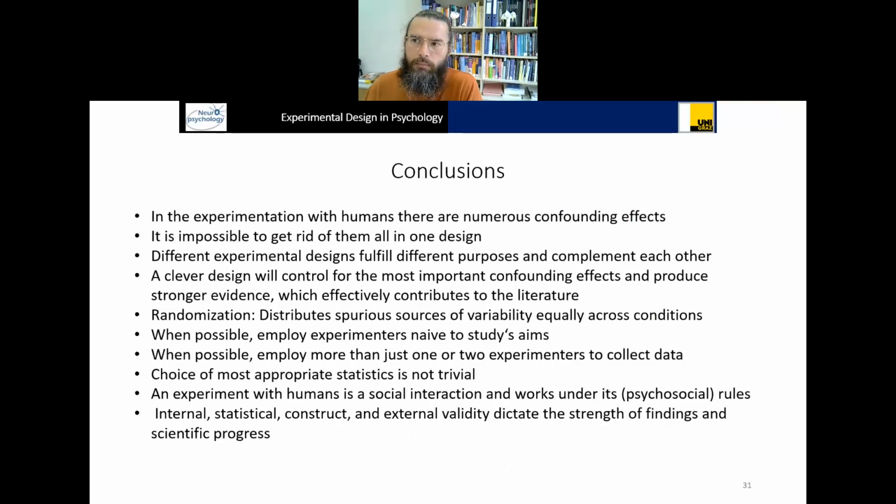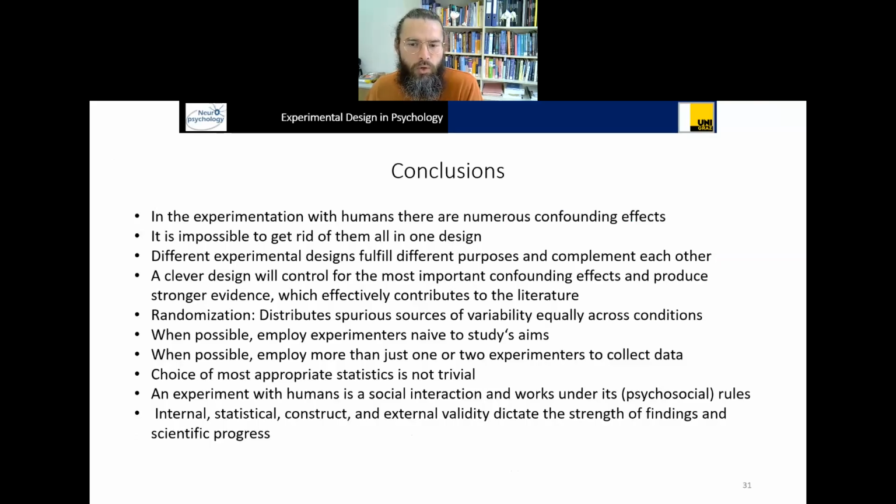When possible, employ experimenters naive to the study's aims, because of all these psychosocial effects. When possible, employ more than just one or two experimenters to collect data. We discussed the reasons for that last time. The choice of the most appropriate statistics is not trivial. I hope I conveyed this message to you.